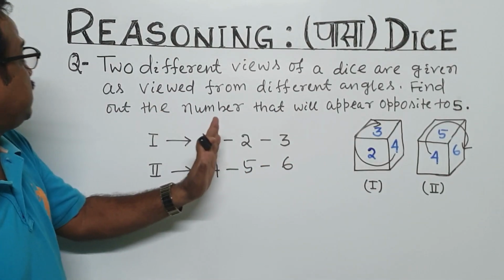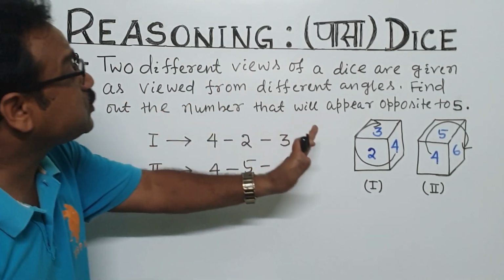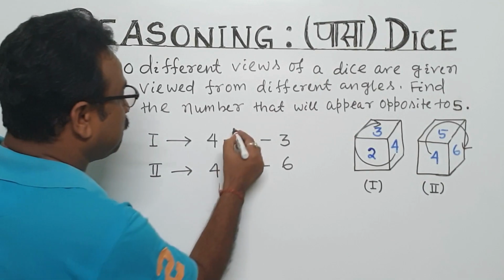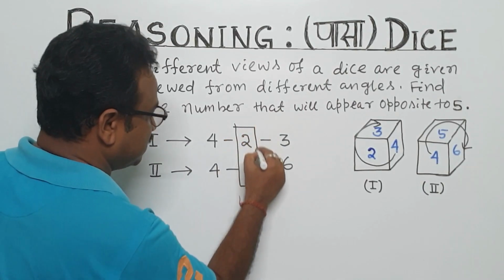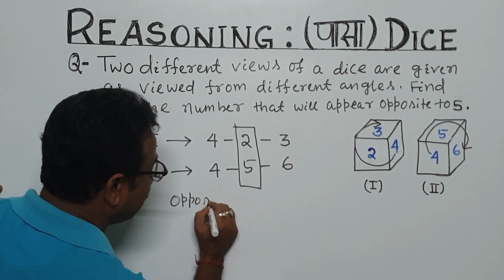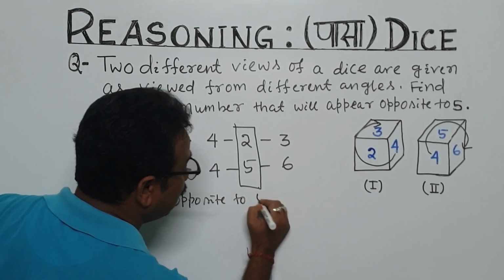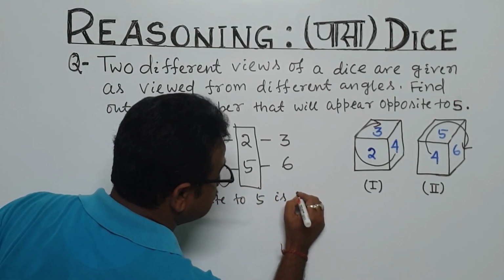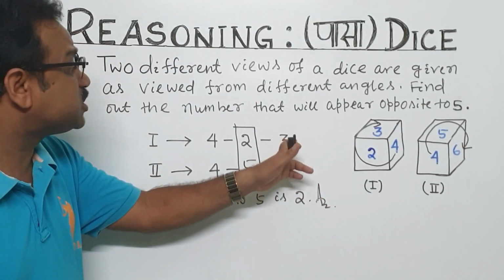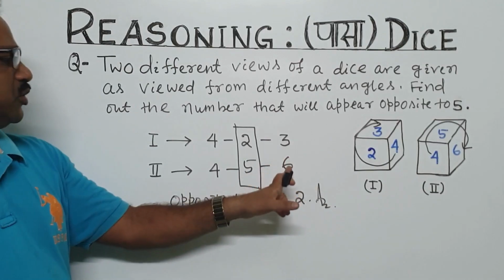So my question is, what will appear opposite to 5? So opposite to 5 is your 2. If it's asked opposite to 3, then it will be 6.